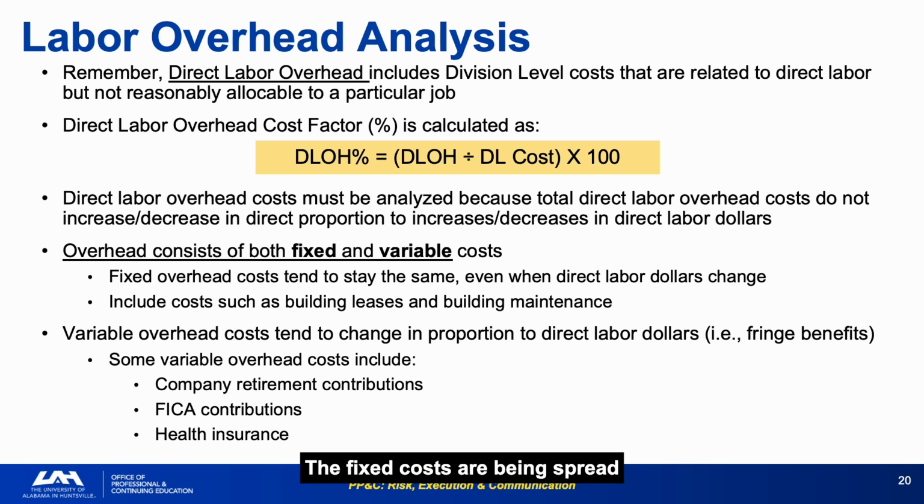The fixed costs are being spread over fewer labor dollars. The three analytical expectations: overhead percent decreases when DL increases, increases when DL decreases, and stays constant when DL stays constant, are the framework for identifying when something unusual is happening. Memorize those three expectations and apply them every month. Any deviation from them is a question to ask, not an error to assume.